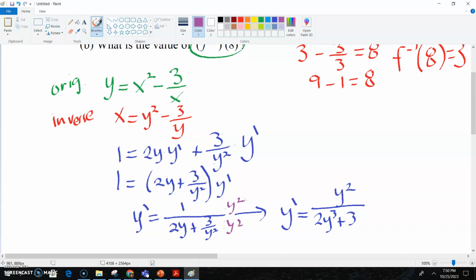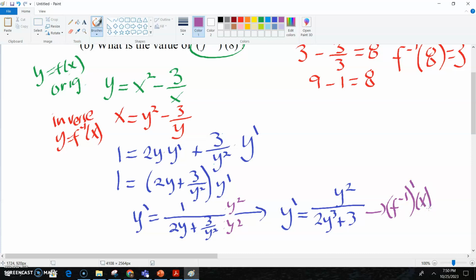Now one thing we need to note here is that in this case, y is f inverse of x, because y is the inverse function, whereas in the original, y was f of x. So in this function over on the right, y prime means f inverse prime of x.